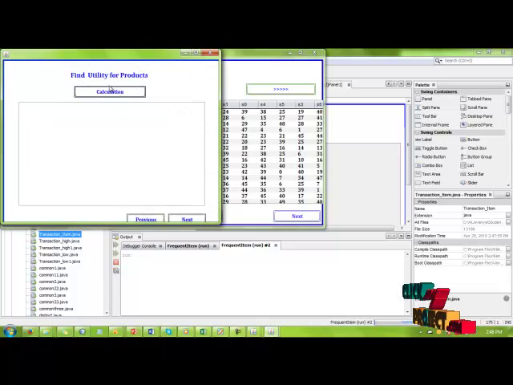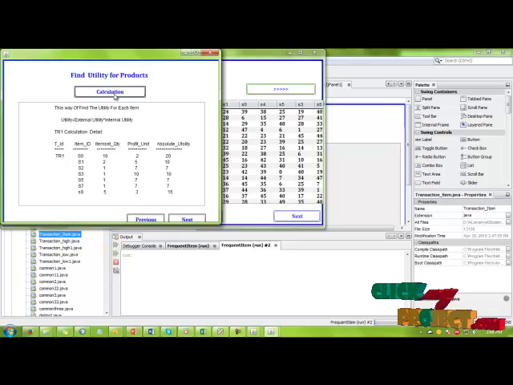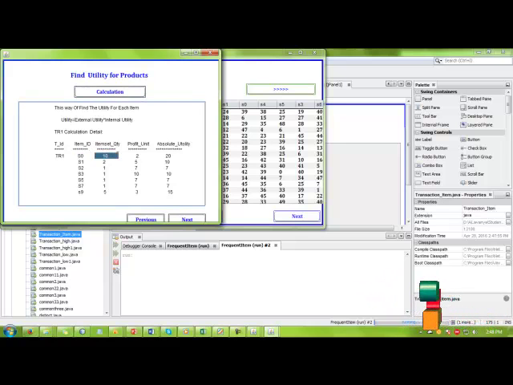Click next. Here we are going to find out the utility for the products. If the customer buys a product once, how much profit is earned by the market. Here the user purchases the S0 product 10 times, and the profit unit of this particular product is 2. So the overall absolute utility for the market is 20.